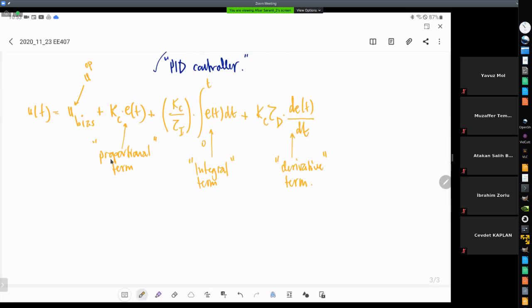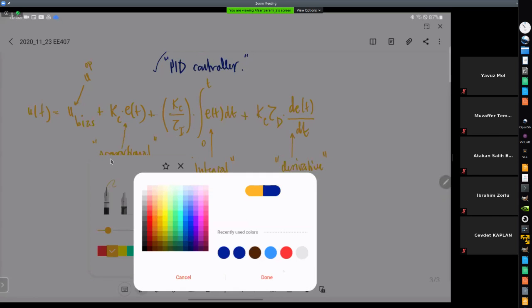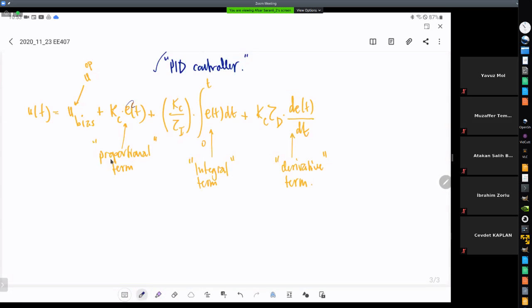Now, what you are not familiar with is that the coefficients here are interesting. You see that Kc is used as a common term in all the coefficients for the proportional term, the integral term, and the derivative term.